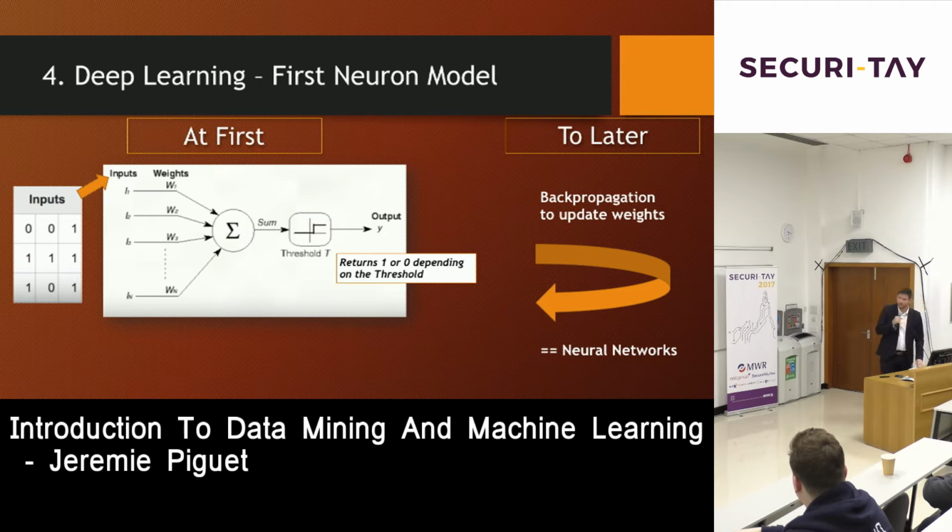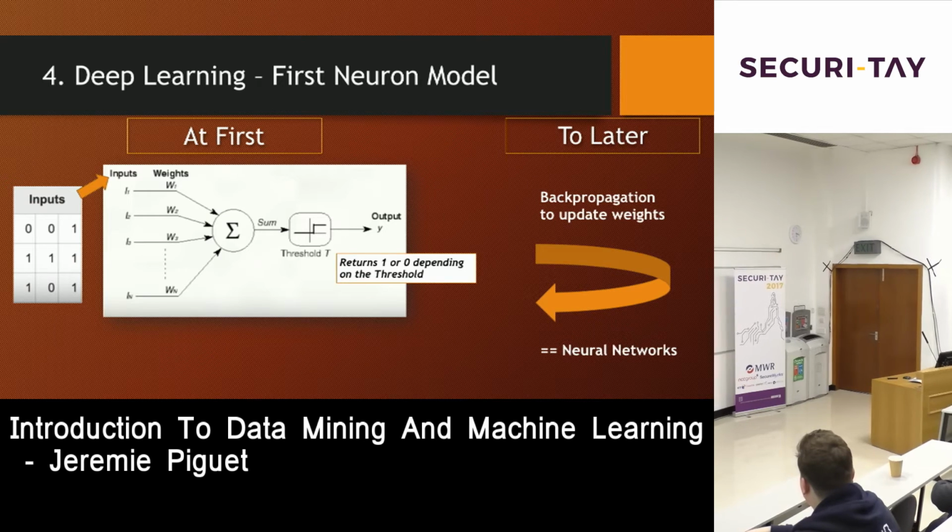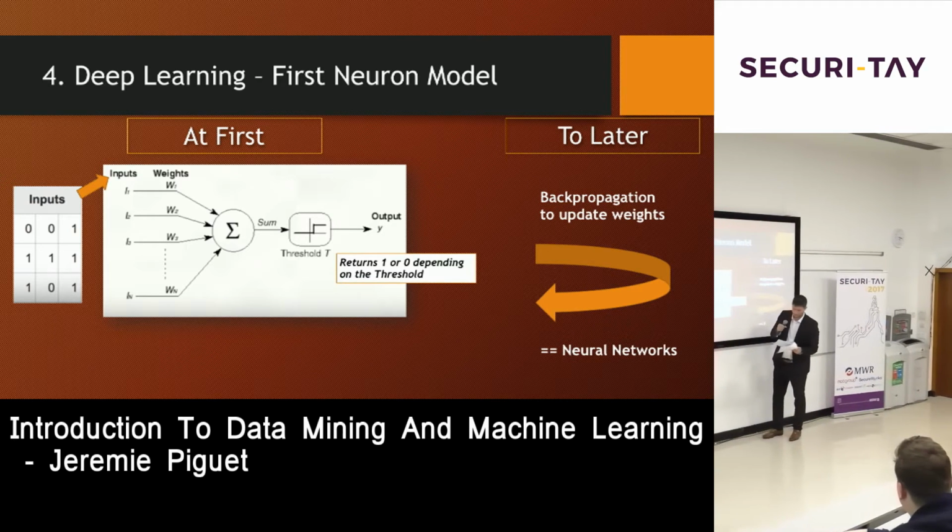Now, deep learning is the cutting edge of machine learning. To understand it, we have to start in the mid-50s when the first neuron model was created. This model inputs some information, as we can see here, a matrix of bits, sums it, and if it's over a specific threshold, will return 1 or a 0.